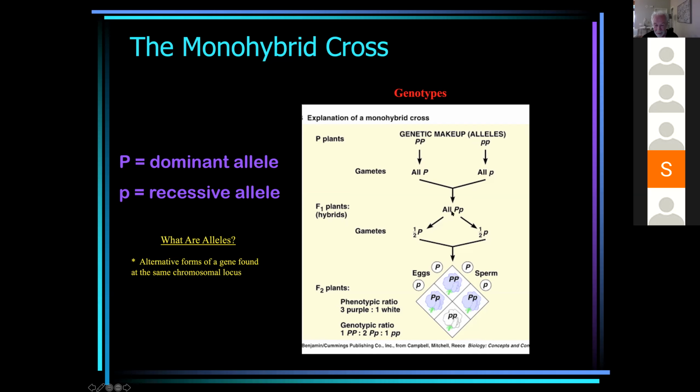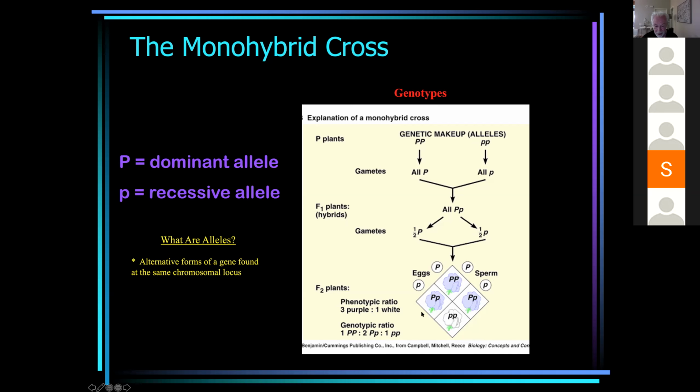But now if you cross those, big P and little p, what you get are the F2s, which are now segregating in a 1:2:1 ratio at the level of genotype. Remember, the phenotype is what you see. That's 3:1, 3 purple to 1 white.